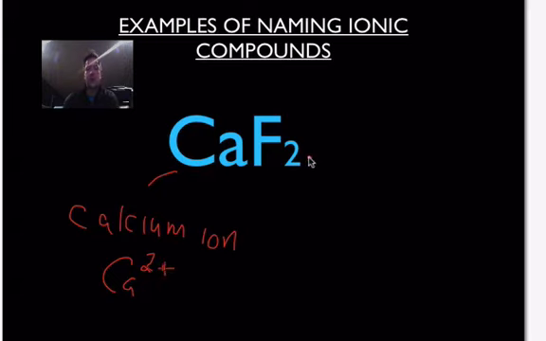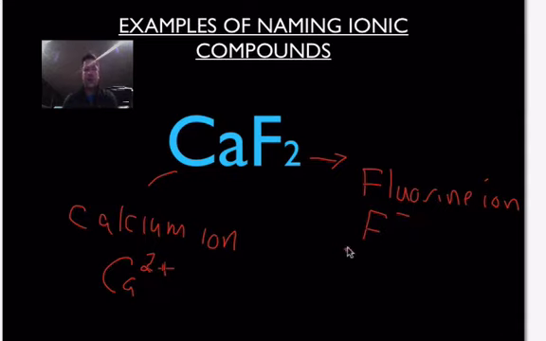And then our fluorine, our anion, is the fluorine ion. Our fluorine ion actually has a 1- charge. So what happens is, if we look at this subscript, we have two 1- charges, which is going to give us a total of 2 negative.